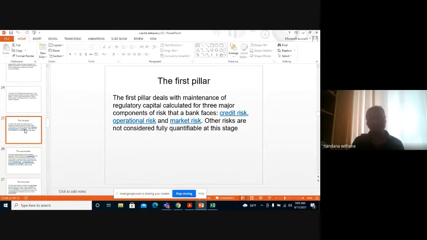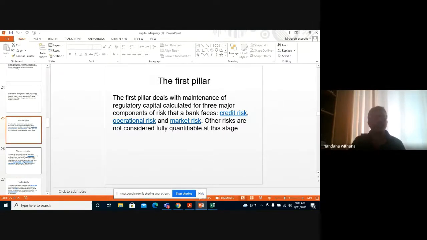Credit risk. What is credit risk? When you are giving credit, is your decision right? Operational risk. Can there be frauds in your company? Market risk. What will happen if the gold price comes down?